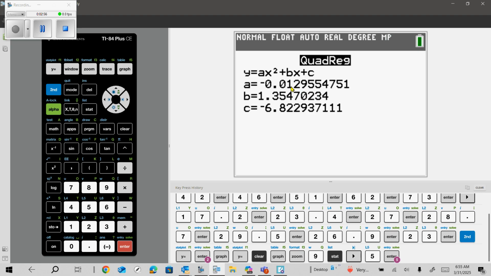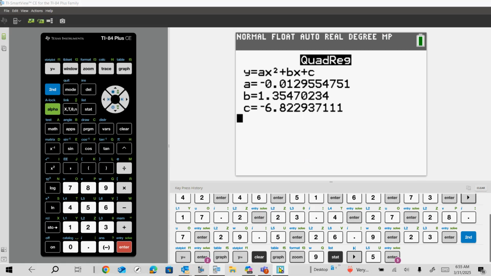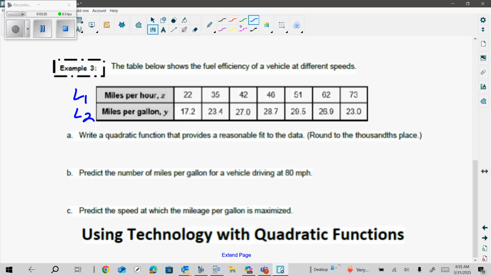So the A here is a negative 0.135. And then our B, 3 digits, is going to be 1.355. And then our C, 3 digits, is a negative 6.823. Okay, so we're going to write that equation in standard form.